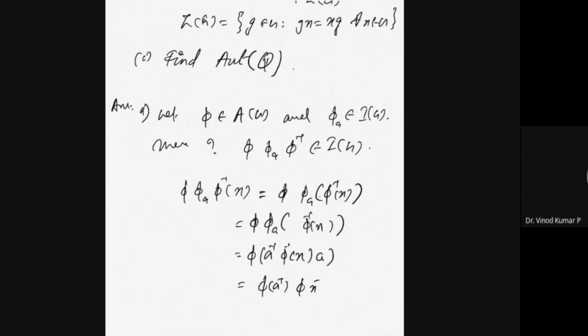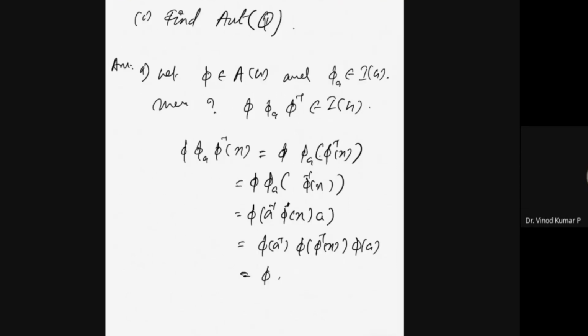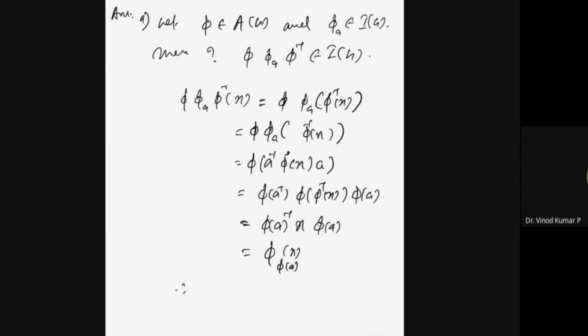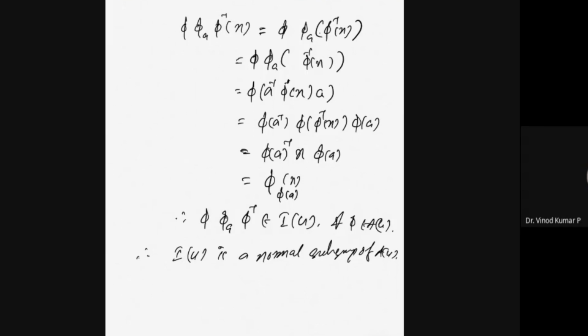So this is phi inverse of X phi of A, and this is basically phi of A inverse X phi of A. By the definition of conjugation, this is phi of A of X. So this phi A phi inverse belongs to I of G for all phi belonging to A of G. Therefore I of G is a normal subgroup of A of G. Fine. Is that okay for you? Yeah.